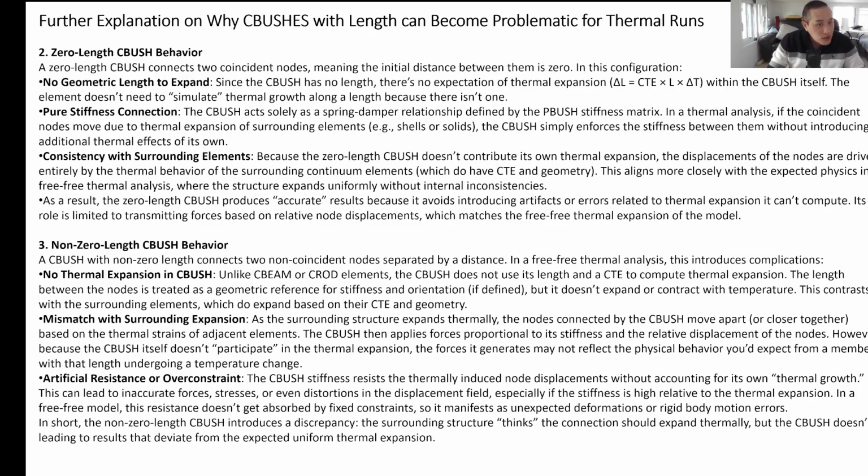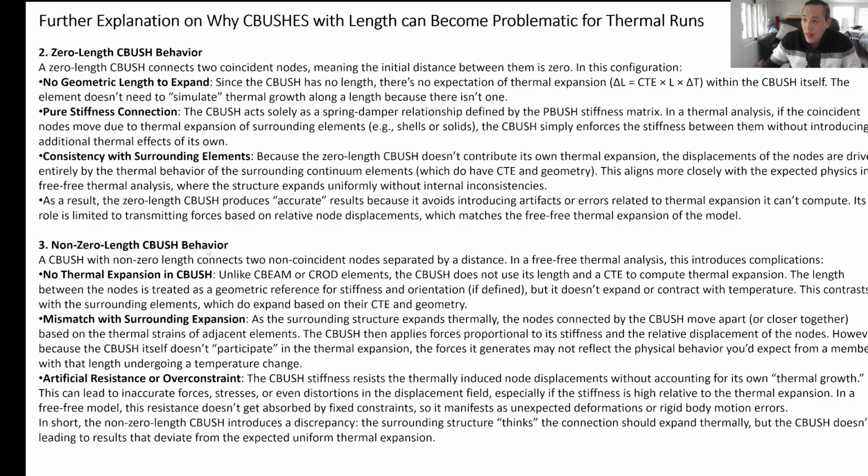As a result, the zero-length CBUSH produces accurate results because it avoids introducing artifacts or errors related to thermal expansion it can't compute. Its role is limited to transmitting forces based on relative node displacements, which matches the free thermal expansion of the model.